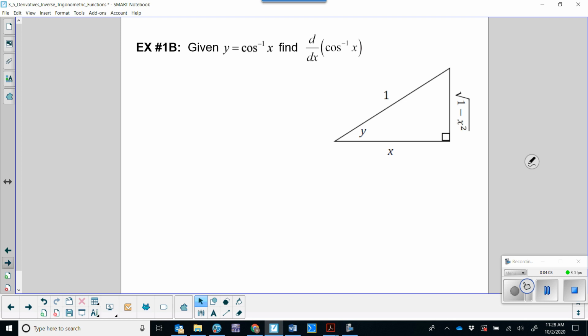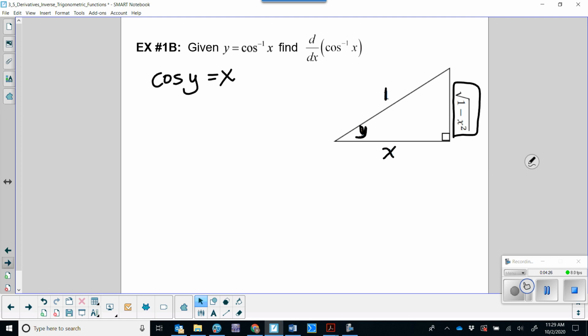So we're going to do the same thing here. This time we know that y equals cosine inverse of x is the same thing as saying cosine y equals x. So if this is the y in our situation, cosine is adjacent over hypotenuse. Again, using Pythagorean theorem, that will be the value of opposite.